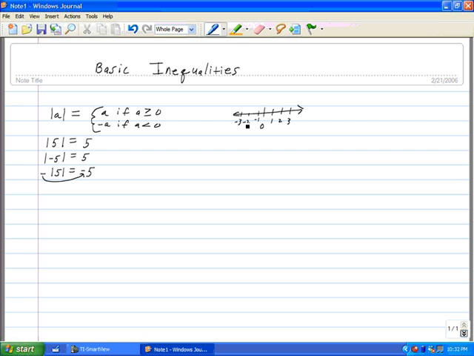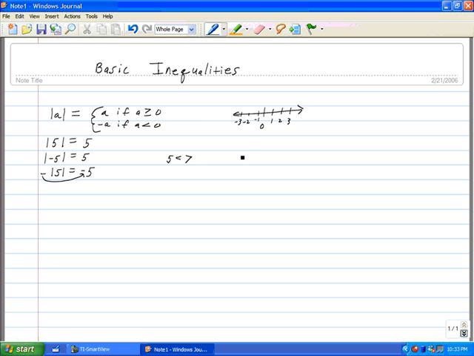And when we use symbols like greater than and less than, those symbols are referring to this ordering on the number line. For example, if I say 5 is less than 7, that is true because 5 is to the left of 7 on the number line.